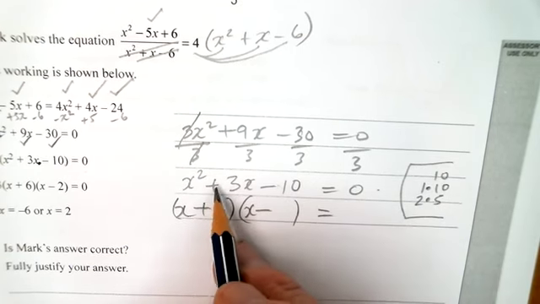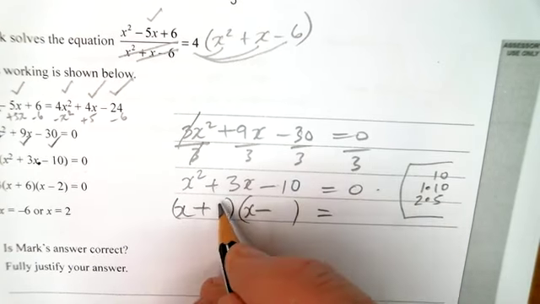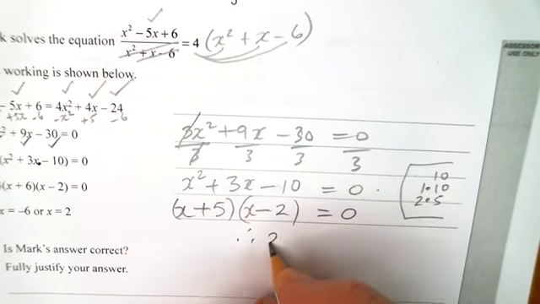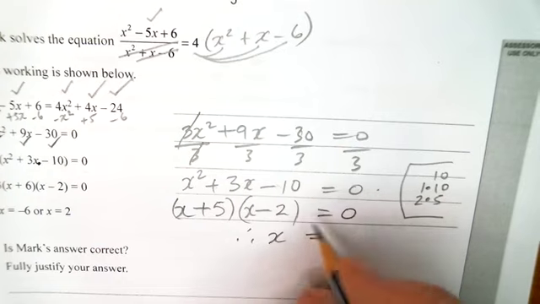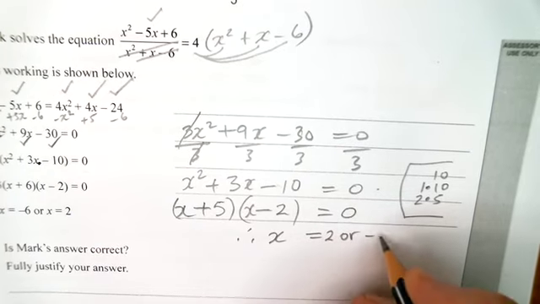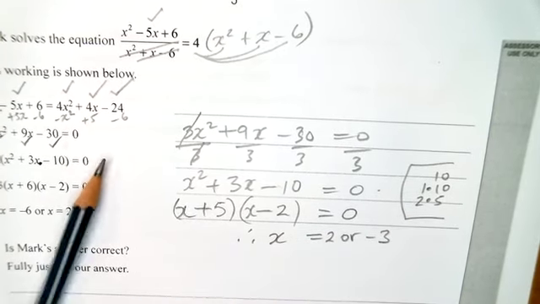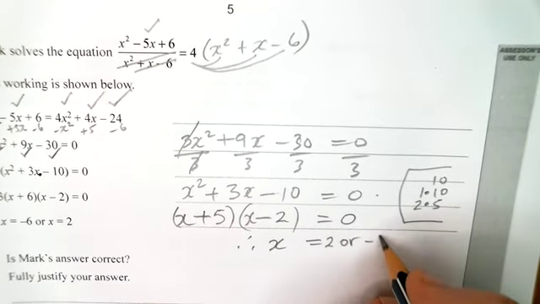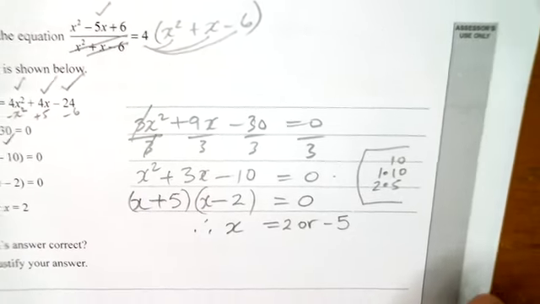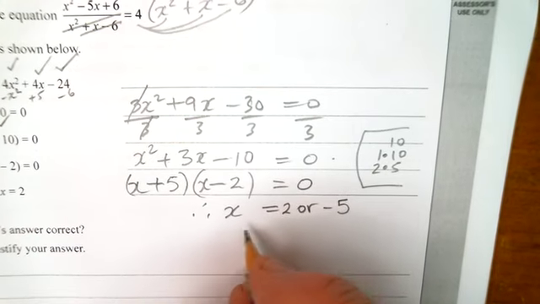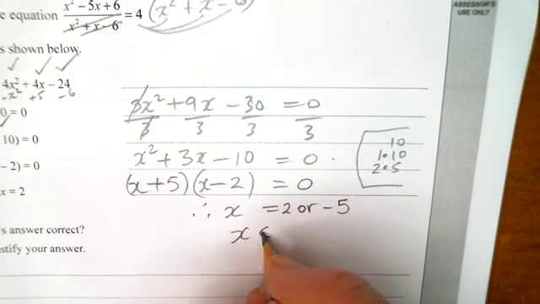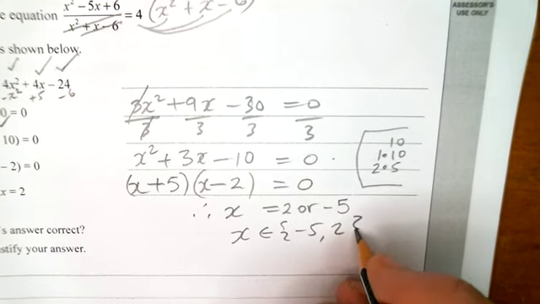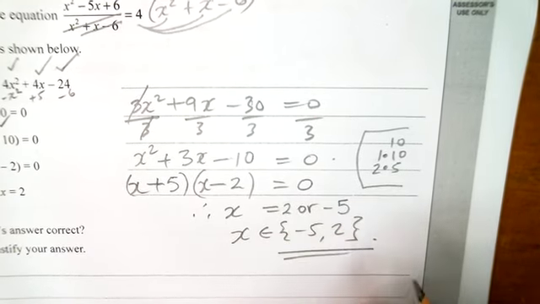So signs are different, biggest to positive, 5 is the biggest. We've got a 2 here. So therefore we can say x will be equal to 2 or negative 5. Now, by the way, if you're writing this in set builder notation, you'd always write the smallest one first. x is an element of negative 5 comma 2, and you write it like that.